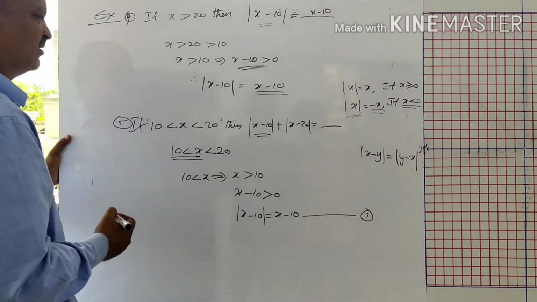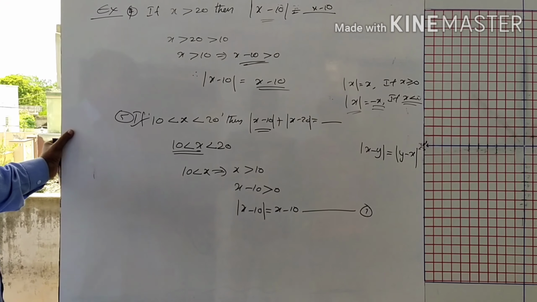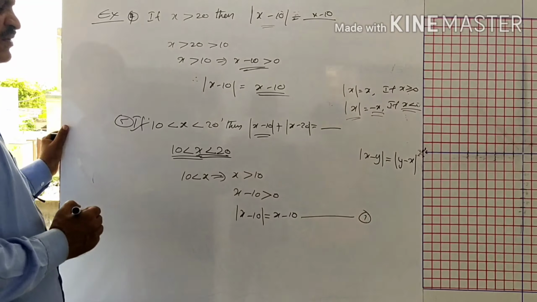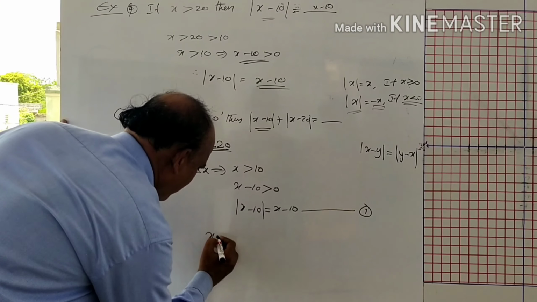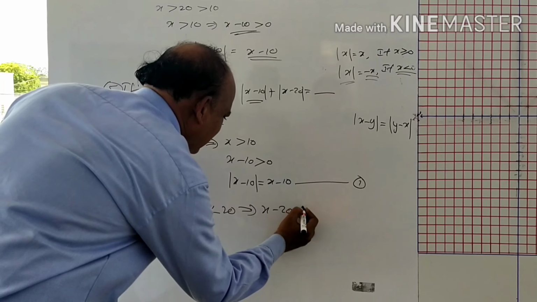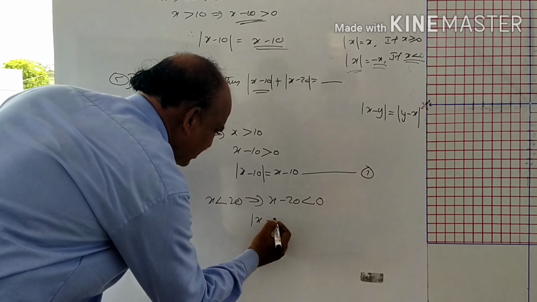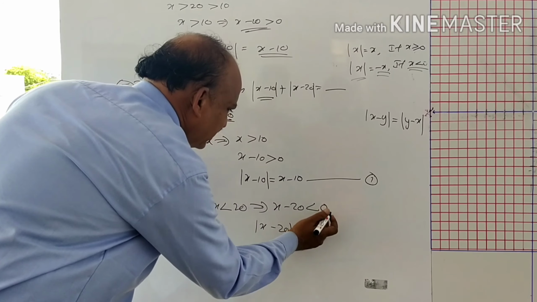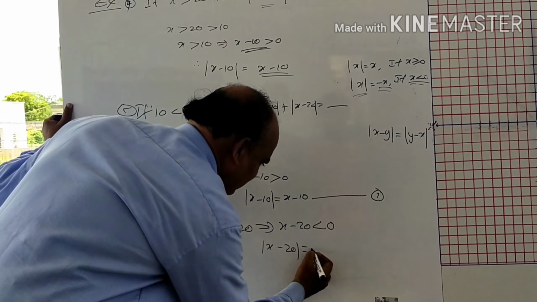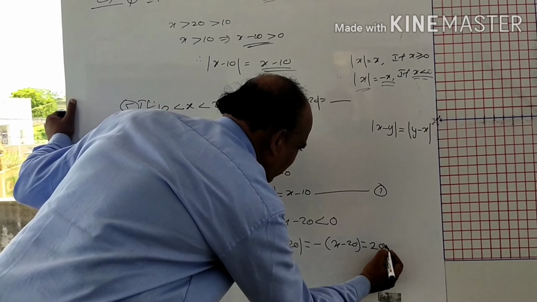It is equation 1. Next one, we need modulus x minus 20. Here, we have to take the second part, x less than 20. Then x minus 20 is less than 0. Less than 0 means modulus x equal to minus x. Minus of x minus 20 is equal to 20 minus x.